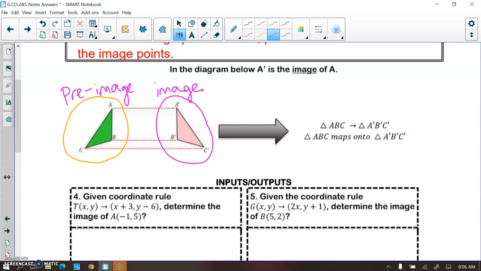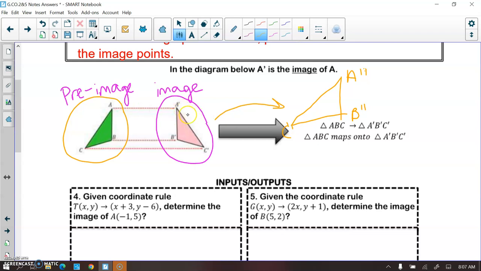Now let's say that I took my image and I transformed it again, and I got something like this. Then I would do triangle A double prime, B double prime, and C double prime. So every time we transform the figure, we just add another prime onto the new sets of points.